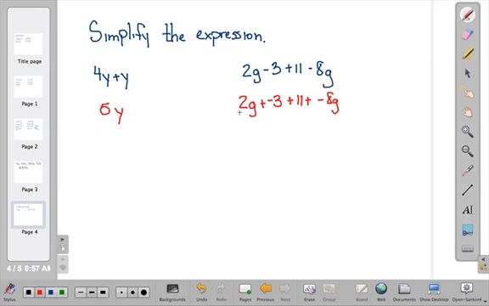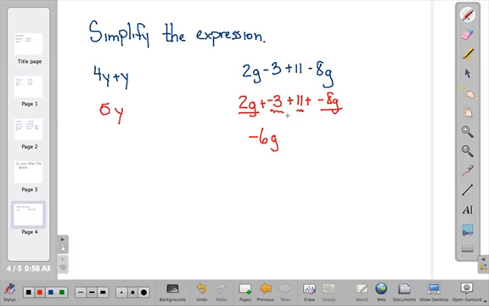Now we're going to put the things that are the same together. Here we have a 2g, and over here we have a negative 8g. Those are the same. 2g plus negative 8g is negative 6g. And here I have negative 3 and positive 11.